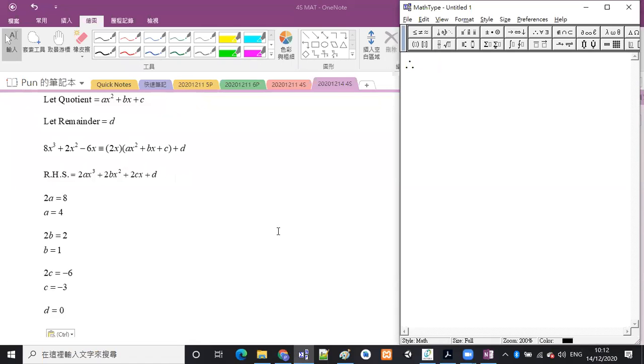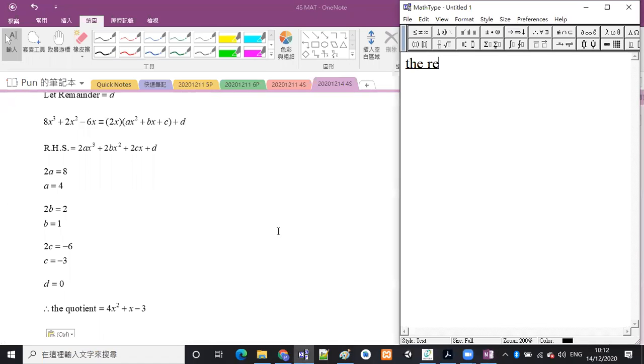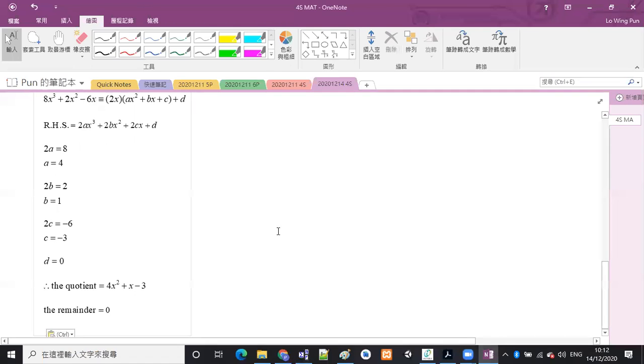Therefore, the quotient is equal to ax squared plus bx plus c. But now we have found the value of a, b, and c. It's 4x squared plus 1x plus negative 3. That's minus 3. And then the remainder is equal to d. And d is equal to 0. There is no remainder in this question.